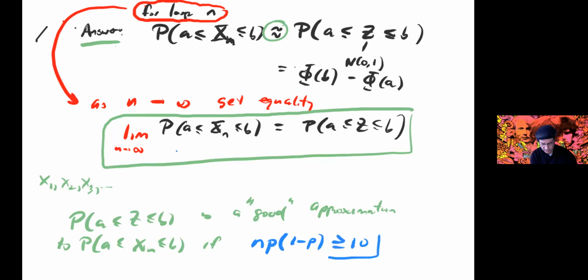If we can verify this condition, then we may compute the binomial probability, which is on the left side, approximately by a normal probability. On the left side, we have a discrete random variable, a discrete probability, and on the right side of the equation, we have a continuous probability.